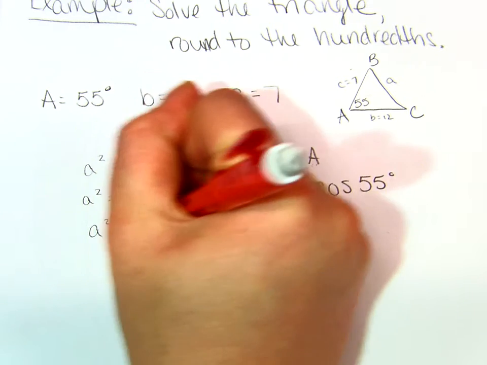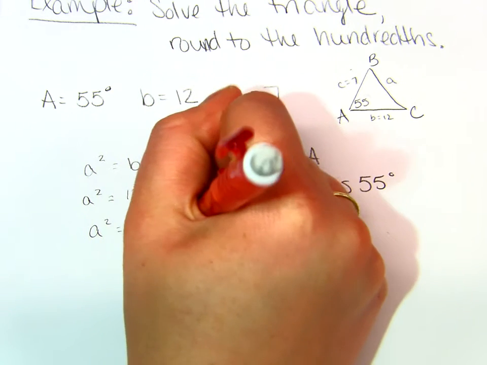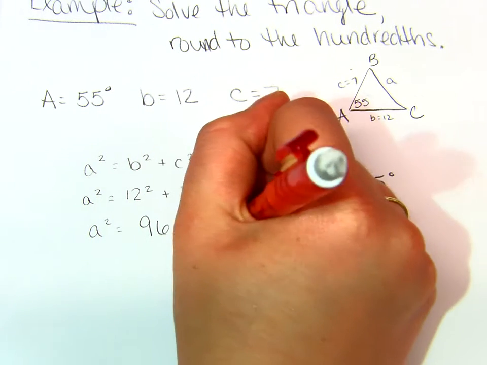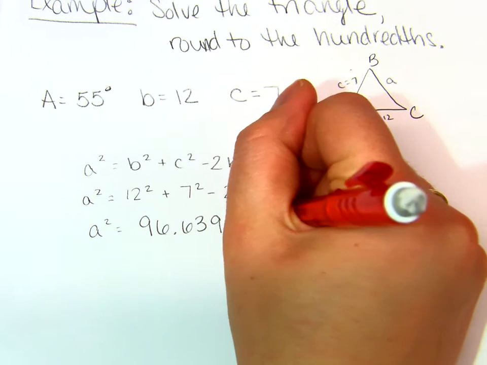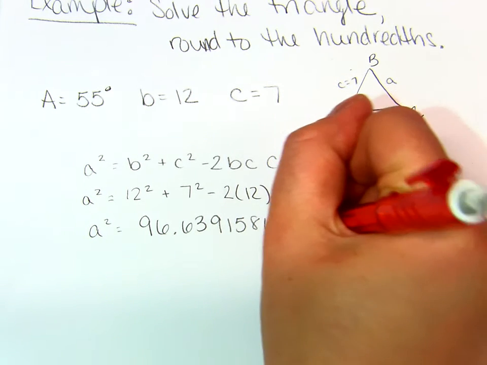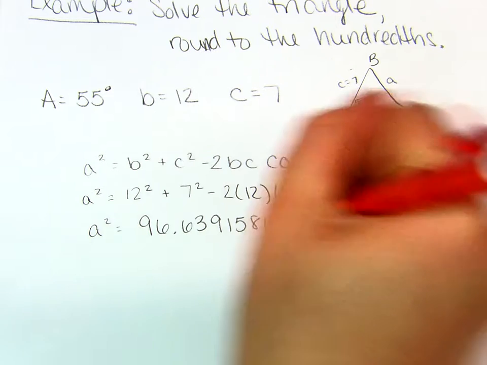So a squared equals 96.639156869, and that still continues even though my calculator stops.